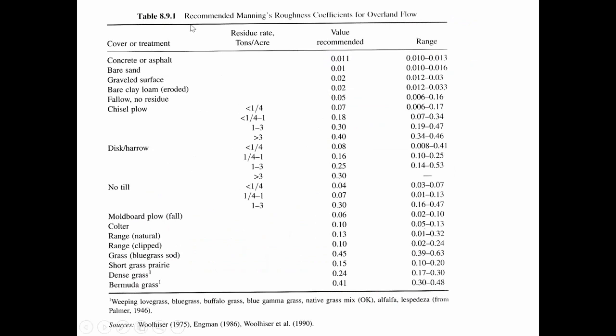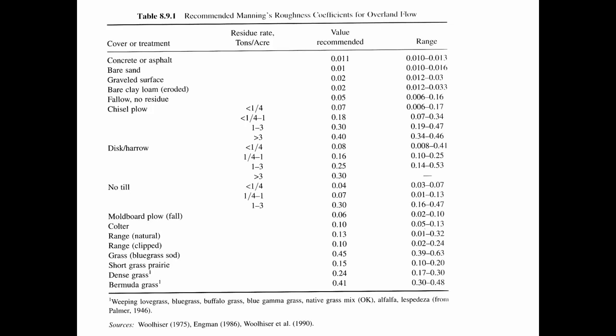Here are some N values that you can use for overland flow. The table of N values that you used for culverts was different than this because you had a greater depth of flow, the water that's going over the channel downstream of a culvert. These are usually relatively shallow concentrations of flow. With rainfall on the surface, if it gets any deeper than a centimeter, then you don't have overland flow anymore.